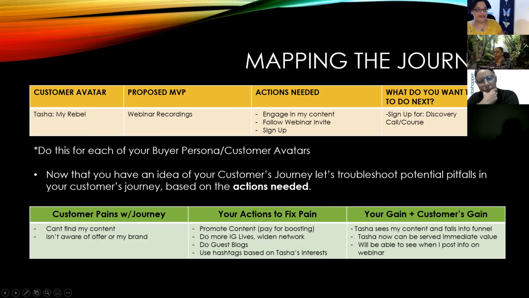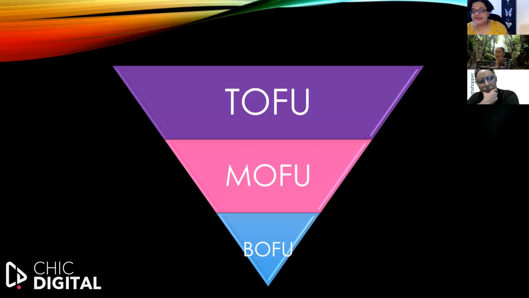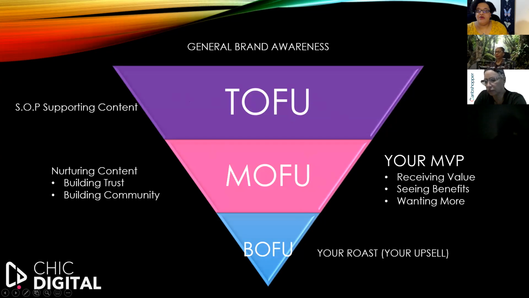Yeah. Great. So that brings us back to this familiar funnel. So tofu, mofu, and bofu. All right. So top of the funnel, mid funnel, bottom of the funnel. So here's an enhancement of that diagram.